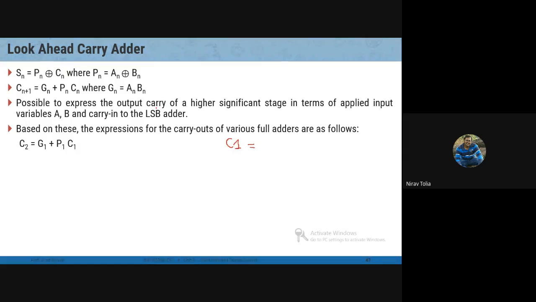Here you can see, we have C1 which is G0 plus P0 C0. Okay, we have C1 is equal to G0 plus P0 C0.